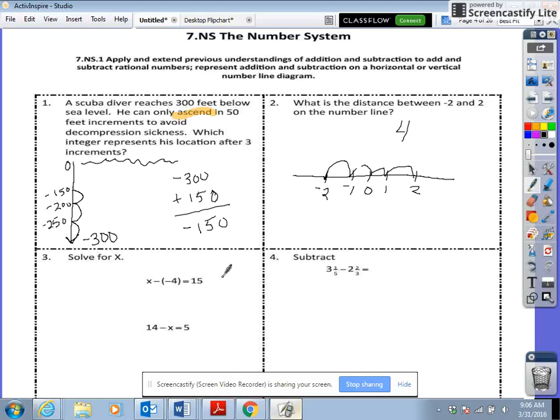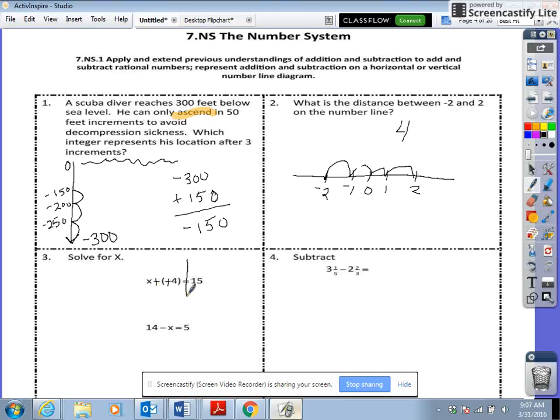When we come down here, solve for x. This problem right here can be a little tricky because of this right here. We have minus a negative. And we've learned that we can use the motto, subtraction means adding the opposite, to help solve our equations. So we can change this to plus a positive.